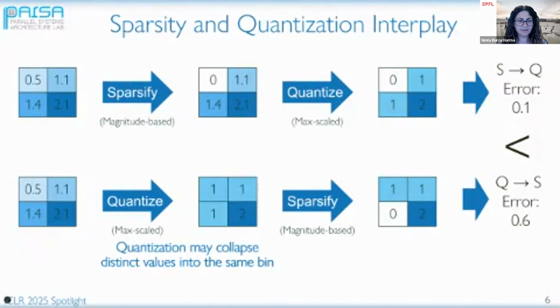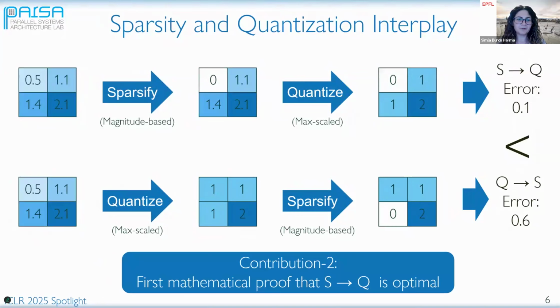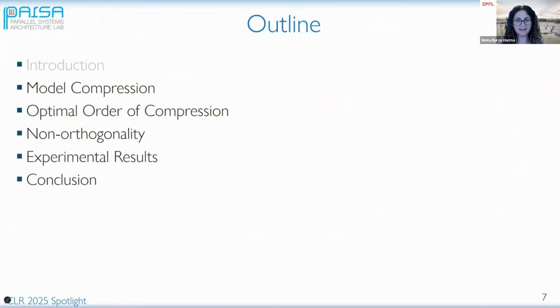So in general, this may sound intuitive, but intuition can vary across researchers, and a formal proof provides an objective and universal explanation. So our second major contribution is the first mathematical proof that applying sparsity before quantization is the optimal order of operations.